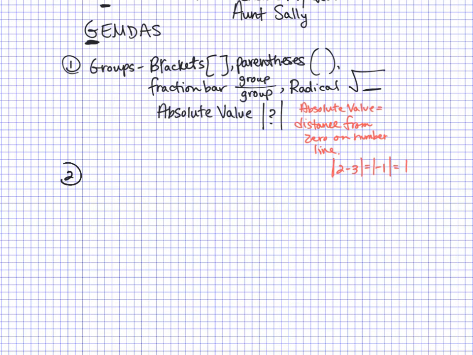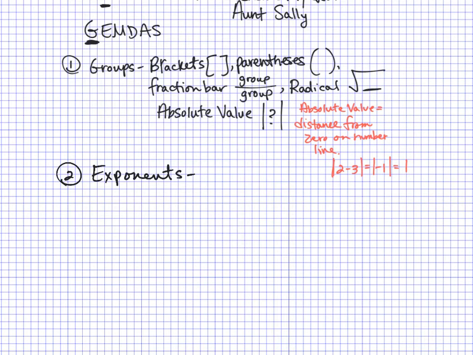After we perform anything that's inside of groups, we want to do any of the exponents in the problem. So let's talk about exponents for a second. What exactly is an exponent?